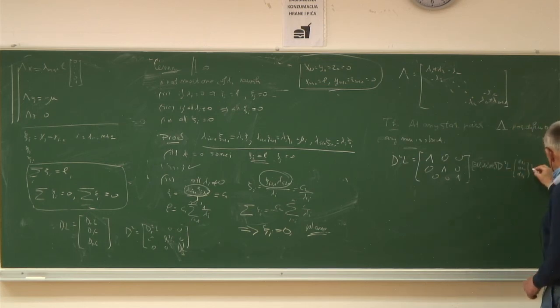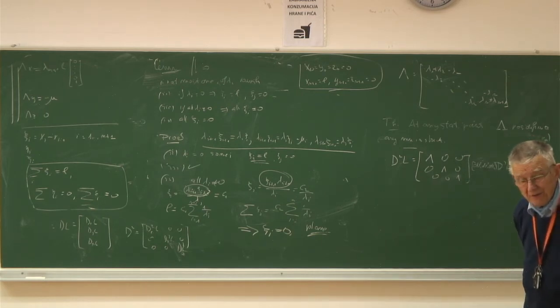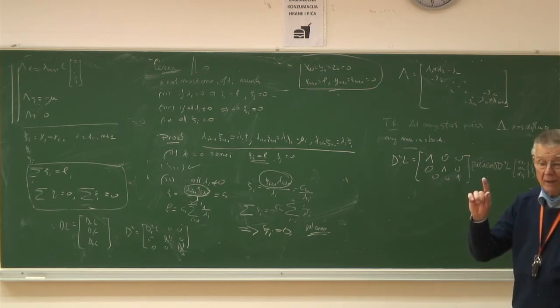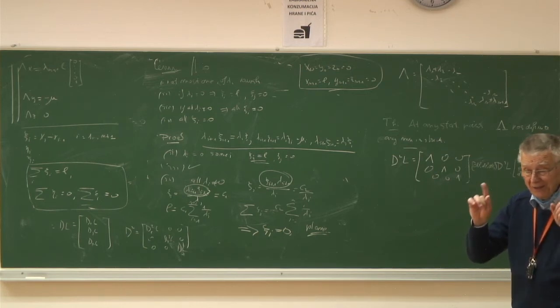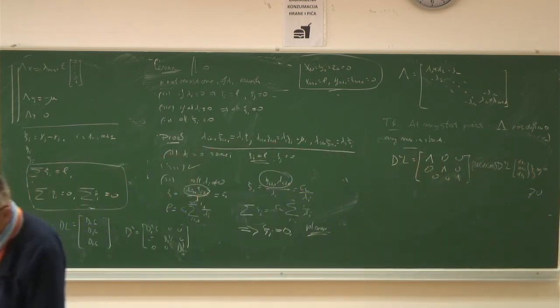This is a 3n vector. And this should be positive semi-definite, that means greater or equal to 0, where? On the tangent space.